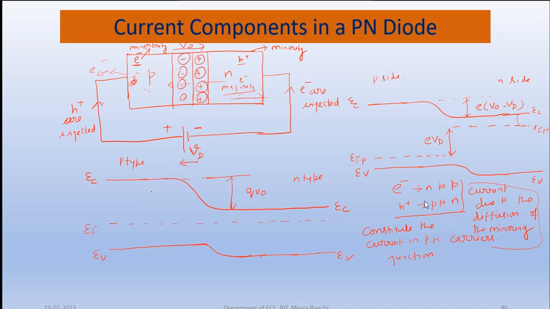This energy band diagram bends because of the electric field, and we have a contact potential between the N and P regions, that is equivalent to qV0, V naught. This is the Fermi level, and this is the conduction band at the N side, and this is the valence band at the N side. This is the valence band at the P side, and the conduction band at the P side.